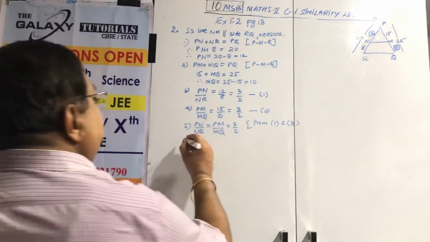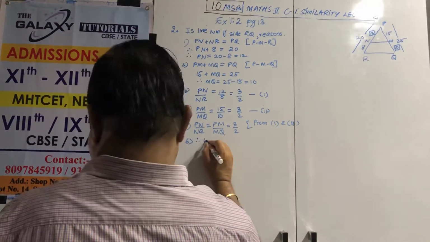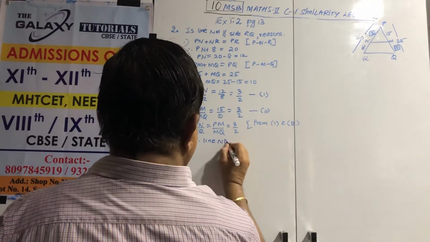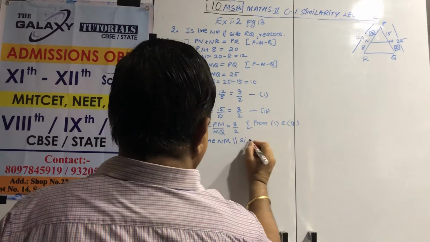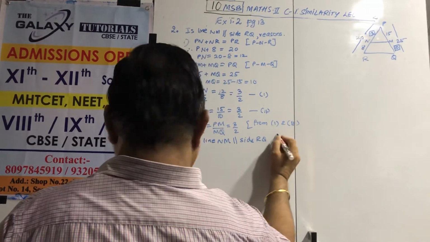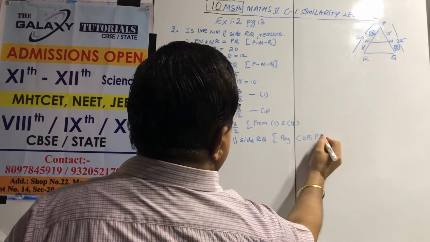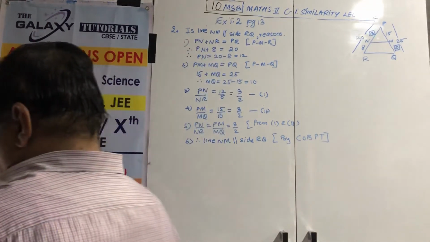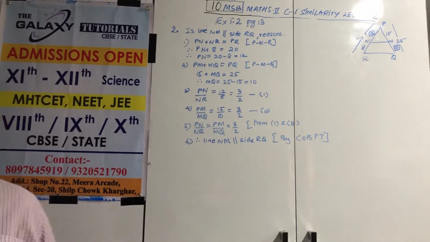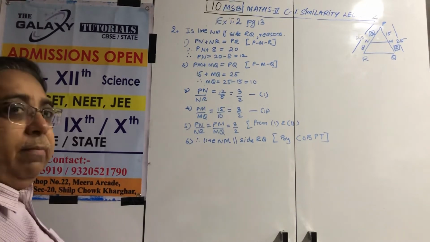Now when the ratios are equal, therefore, line NM is parallel to side RQ by converse of basic proportionality theorem. That is how to do the sum. So simple. Sum number 2, just like sum number 1, find the ratios. If ratios are equal, then our line is parallel. We'll go for sum number 3.